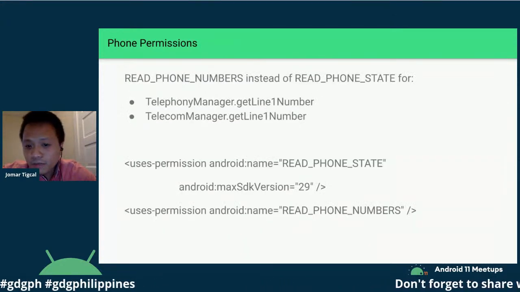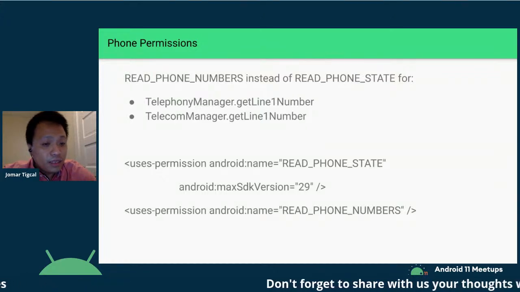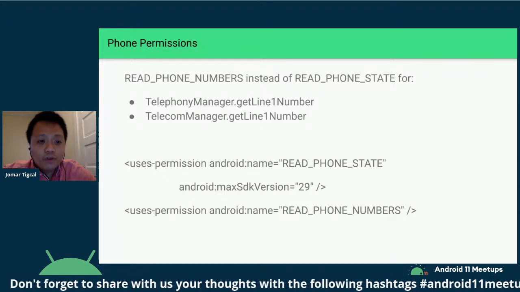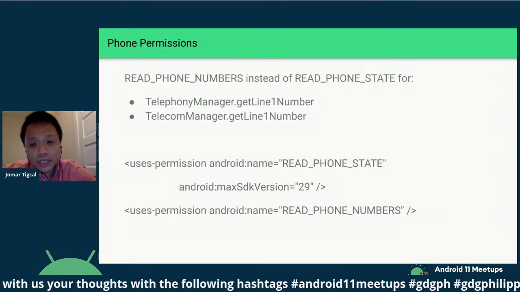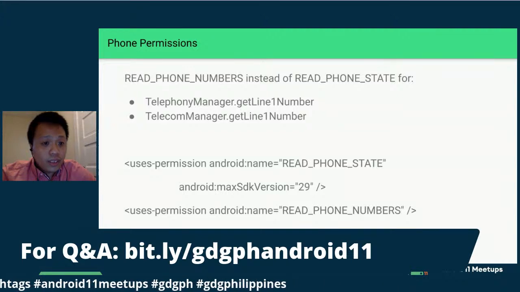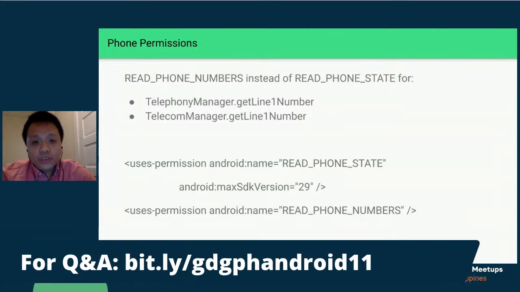Then, last for permissions, I think, is that when you're asking for getLine1Number from either the telephony manager or the telecom manager, previously we used read phone state. For Android 11, you need to use read phone numbers instead.